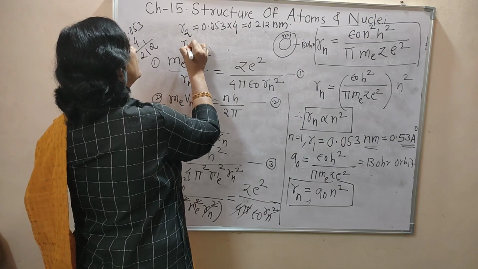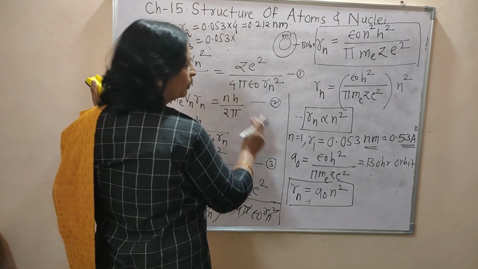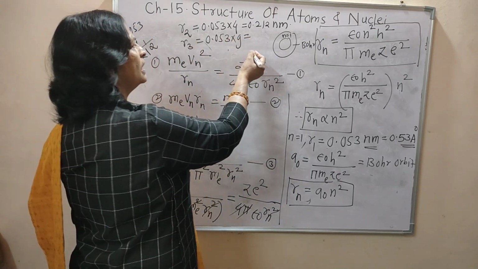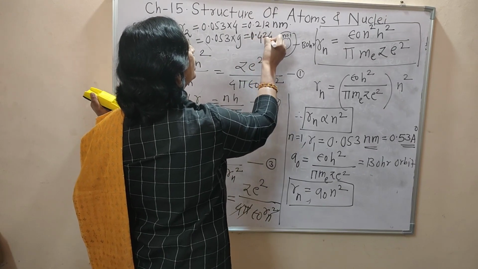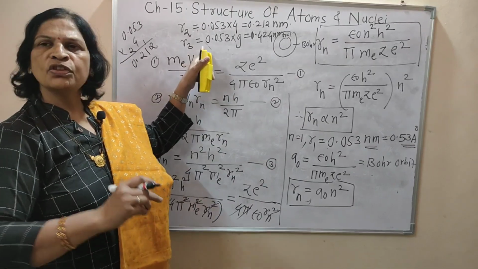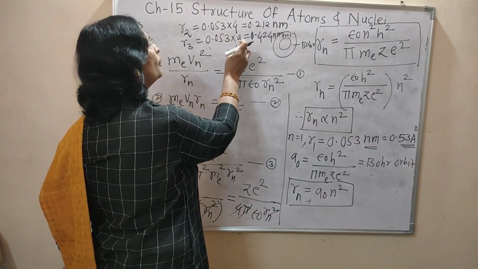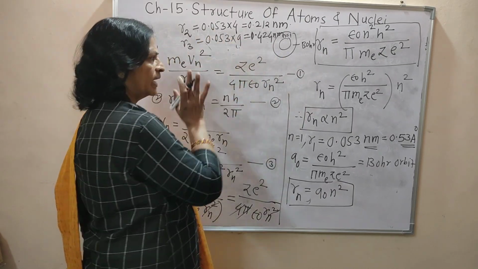In a similar manner, the radius of the third orbit is 0.053 into 3 square, that is 9, which is nothing but 0.424 nanometer. Okay, means we can calculate the radius of any orbit; you only have to multiply this value with the square of the principal quantum number.